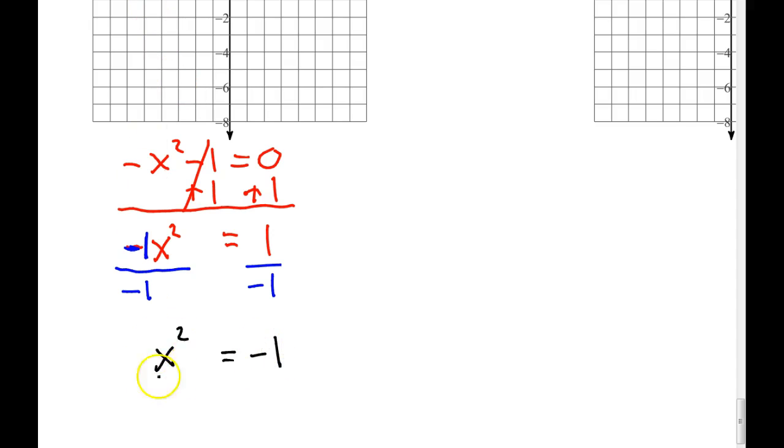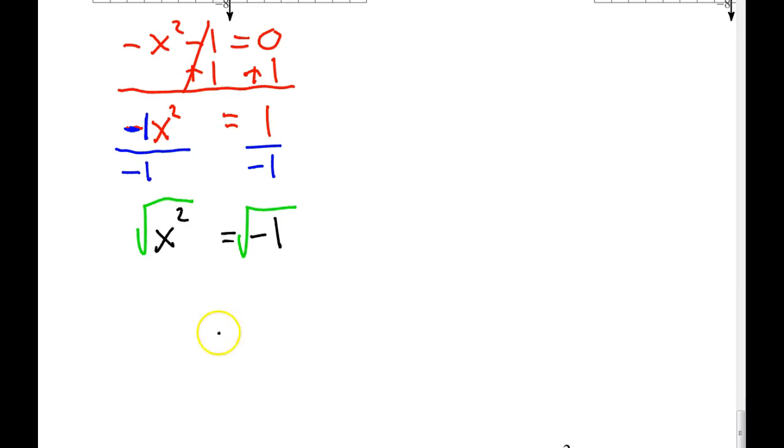And now we can take the square root of both sides. What's the square root of negative 1? What times itself equals negative 1? Or put negative 1 in the calculator, take the square root of it. What do you get? Square root of negative 1 equals what?